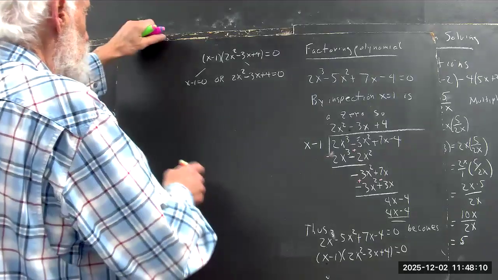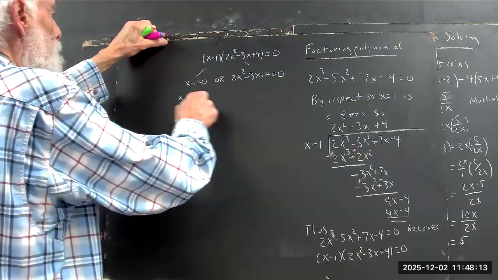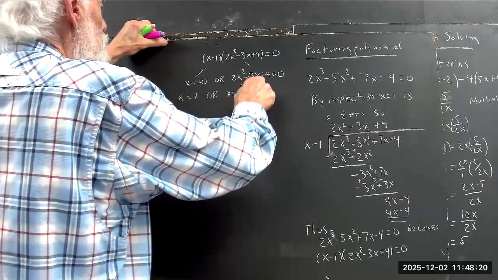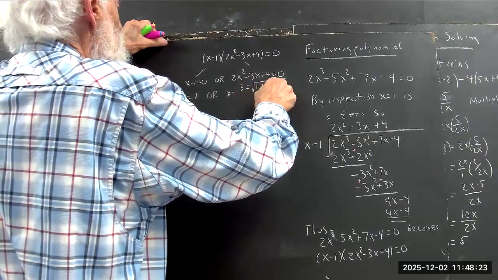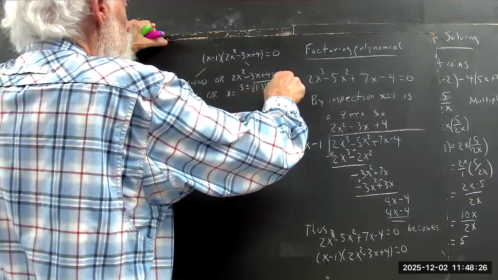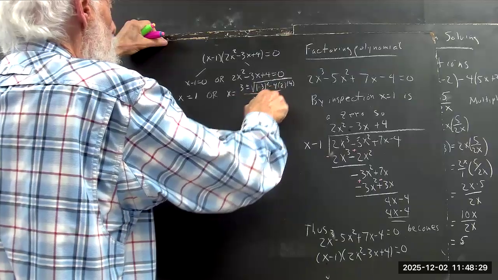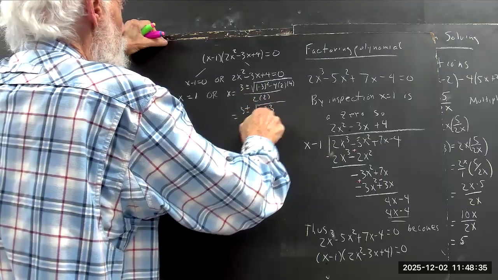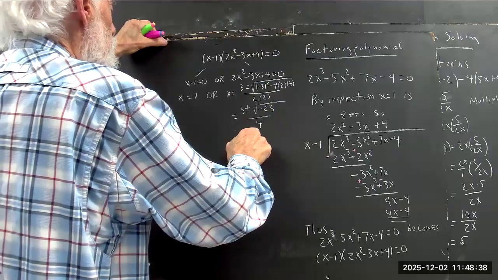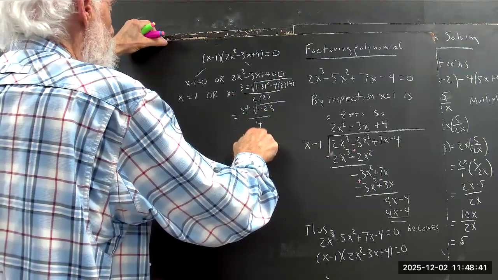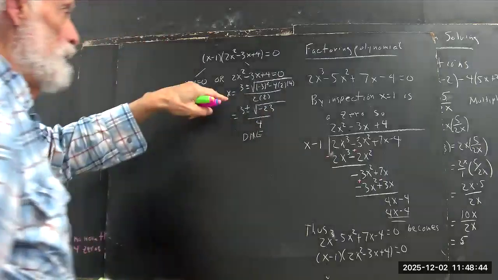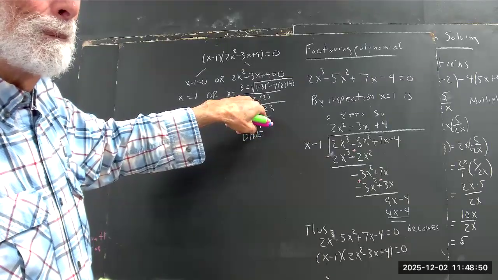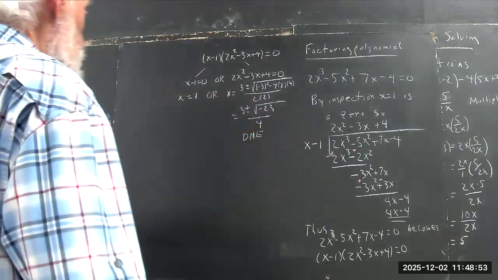Whether you know that or not, you can use the quadratic formula. You use the quadratic formula and you get the square root of negative 23, if I did the arithmetic right. 9 minus 32, I think it's negative 23.